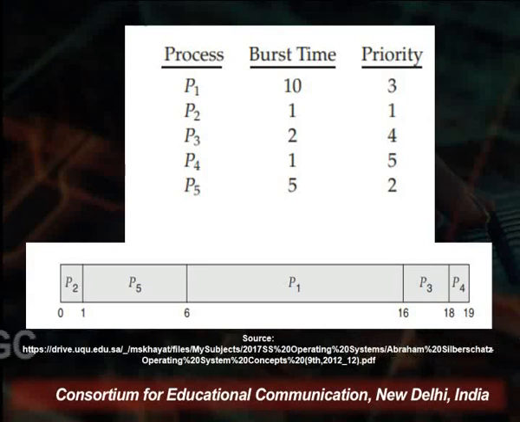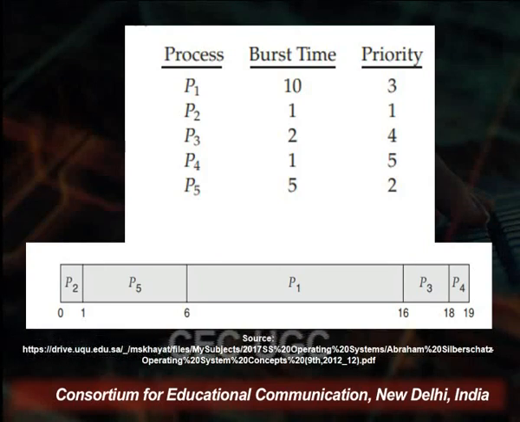At 1 millisecond, P2 has completed its execution, and now the next job with the next highest priority is P5 with priority 2. The burst time of P5 is 5 milliseconds, so at the 6th millisecond, P5 releases control of the CPU.